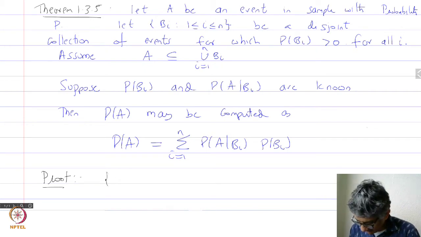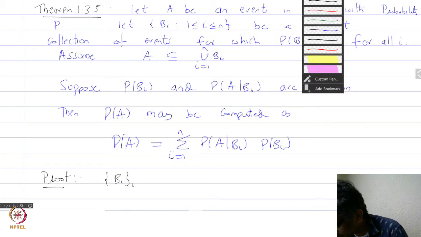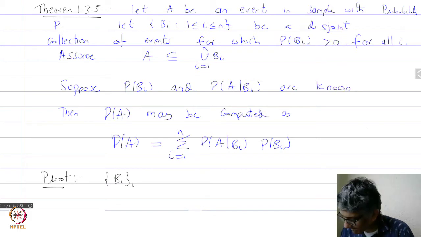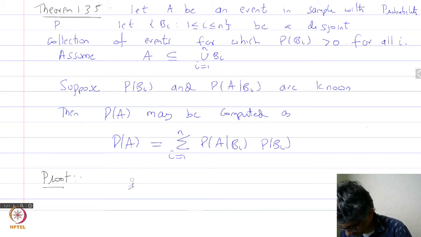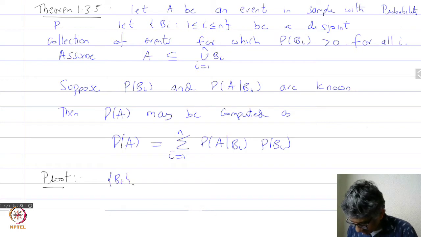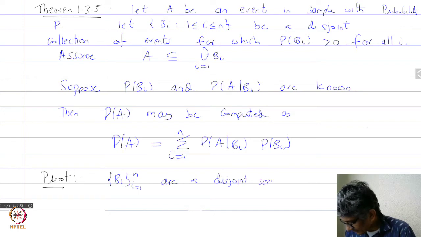So I have B sub i, i equal to 1 to n, a disjoint sequence of events. You already know that.